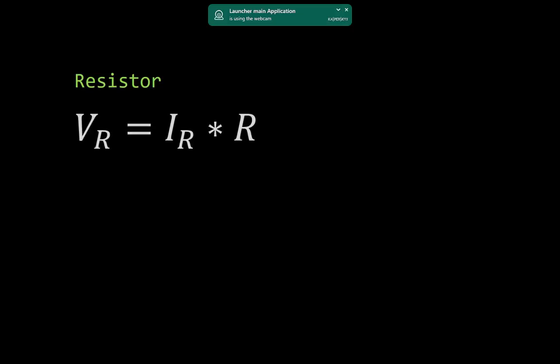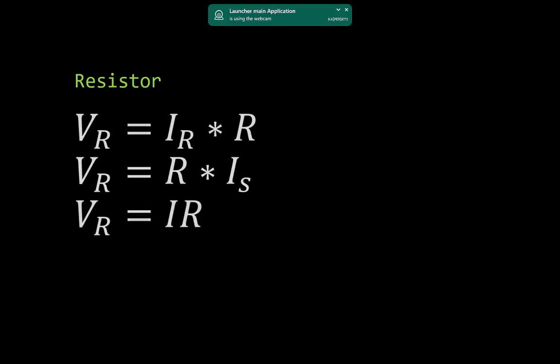circuit. For the resistor, VR is equal to IR times R. In Laplace, we will get VR is equal to R times the current, therefore we have IR.